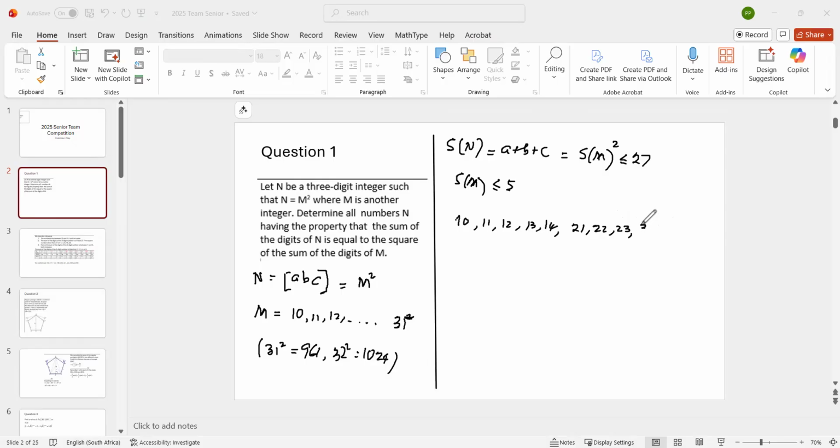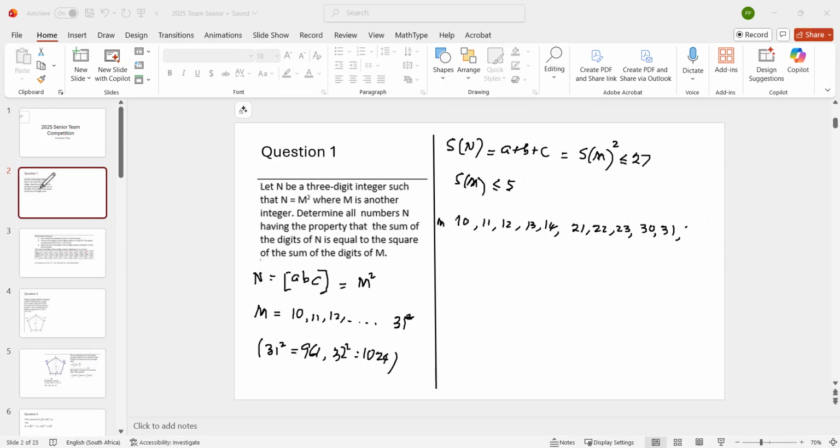And with 3, you can have 3 plus 0, 3 plus 1. You're not allowed to go to 3 plus 2 because it only goes to 31. So we've restricted the numbers to just these few. These are the possible values for m.